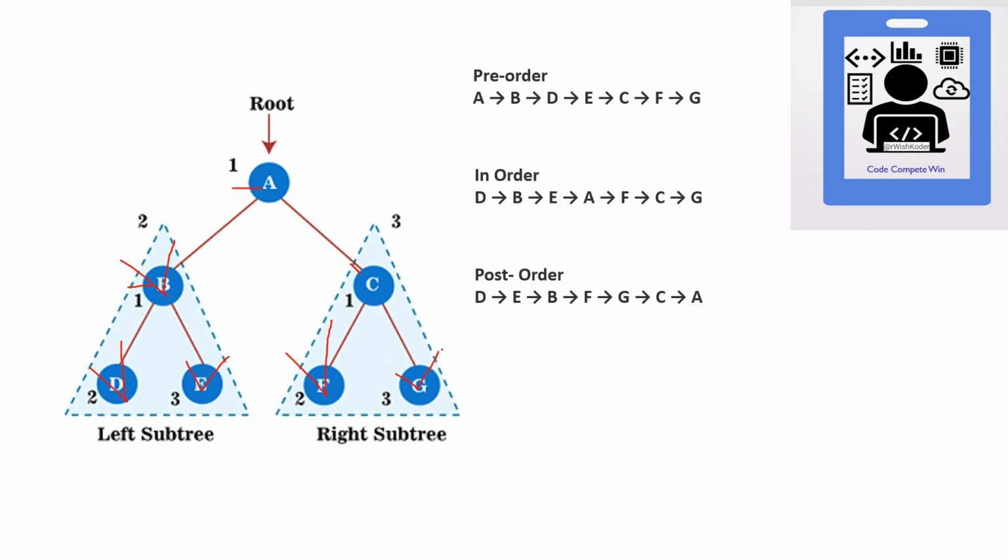So we go back to C as we already visited the right subtree, so we print the data inside C, and then we go back to A, and here, as we already visited the right subtree of A, we print the data inside A. And here our algorithm ends, and here is the post-order traversal of this binary tree.